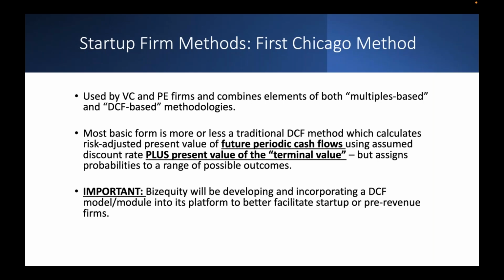And then at the same time, you're assuming an exit after 5 years, and you apply a multiple at that exit year, and then discount that value back into present value. With the distinction being that the first Chicago method is based on modeling 3 different scenarios. So the next slide.